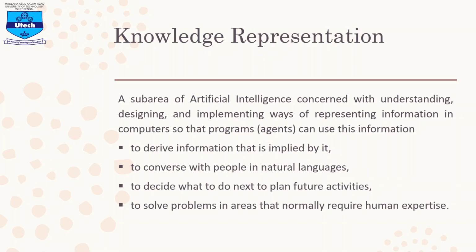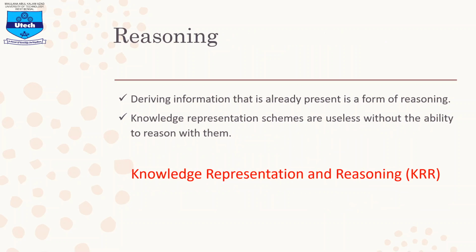If we can decide the next plan of activities, that means we can solve problems that normally require human expertise. So without human intervention, the artificial agents can solve the problem. That is the importance of knowledge representation.